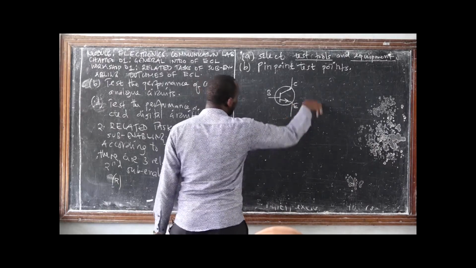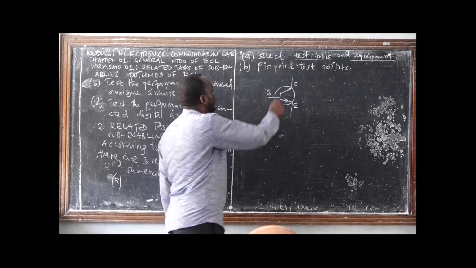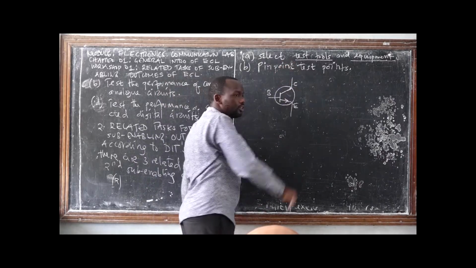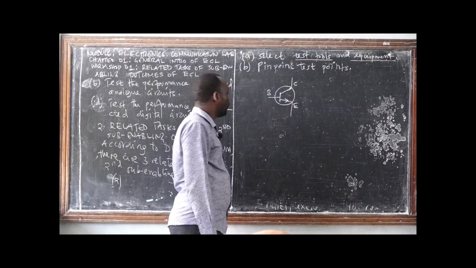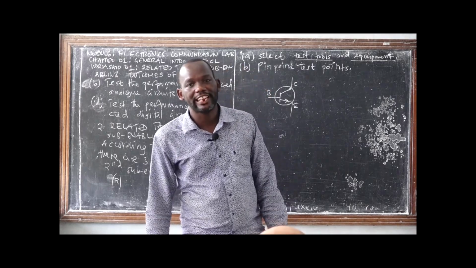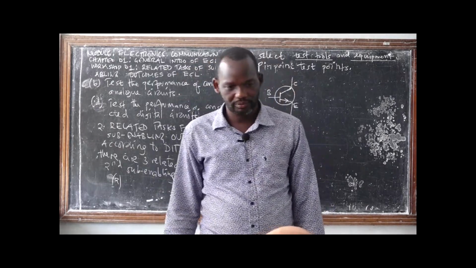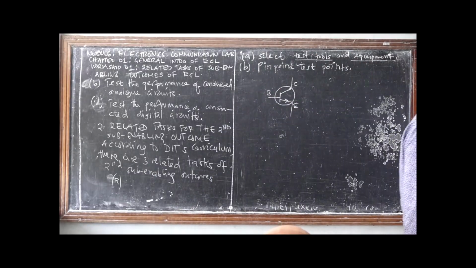So in this bipolar junction transistor, we have 3 important testing points. When you say testing points, we did not specify the electrical parameter that you are going to measure. We are just choosing the point where we are going to do our measurements.